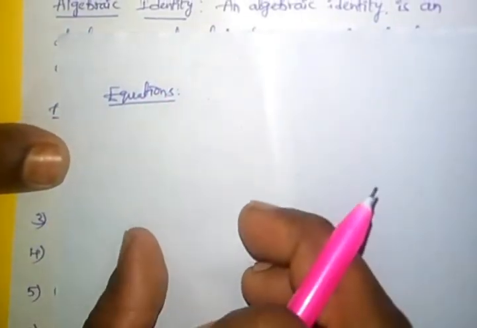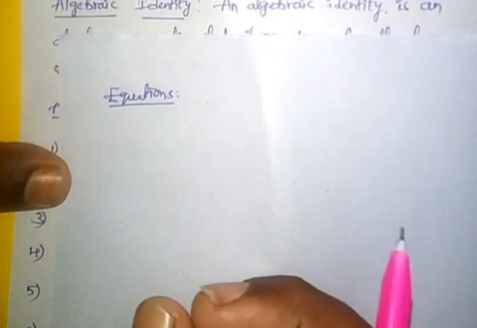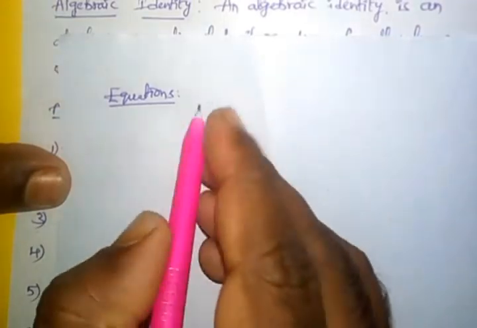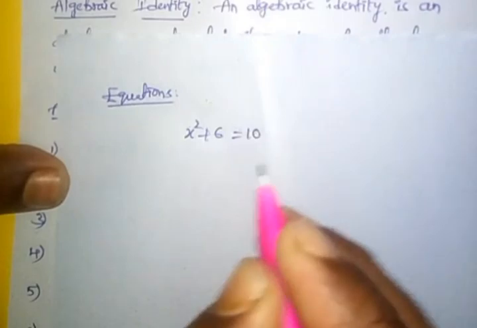Here I am taking some examples for explaining equations. Equations have two parts, that is the LHS side and the RHS side. But equations are true for only a few values. That means if you take x square plus 6 equal to 10, this is an equation.